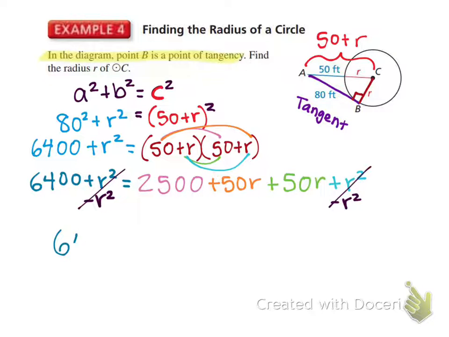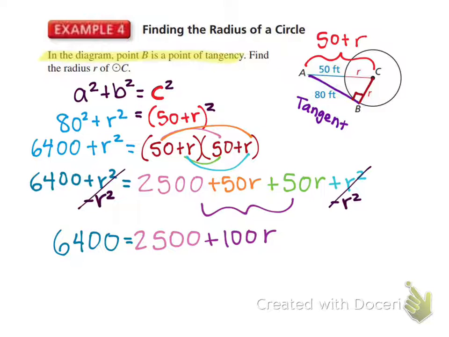We're still going to combine like terms. We have 6,400 on the left. On the right, we have 2,500. And then what is 50r plus 50r? 100r. So we just keep solving for r. Subtract 2,500.